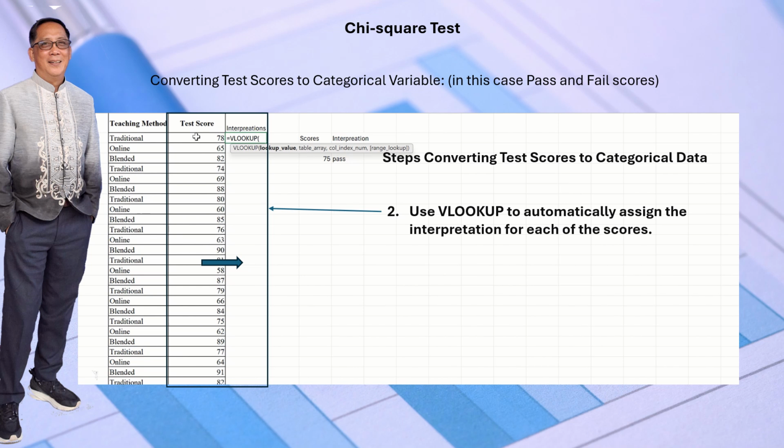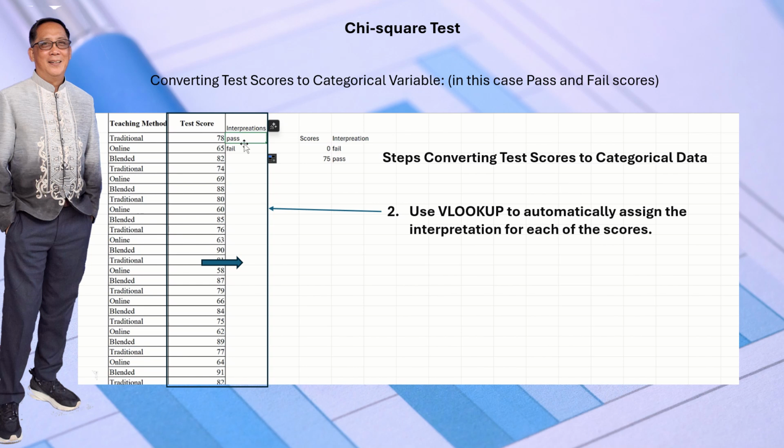The first data will be the test score, this is what we will convert. Then put a comma, and then the table that we will use for interpretation. Then we use column 2, which has pass and fail as our interpretation. We close the formula, and you see 78 pass. If you go down, fail.